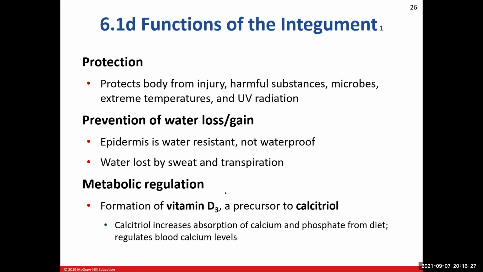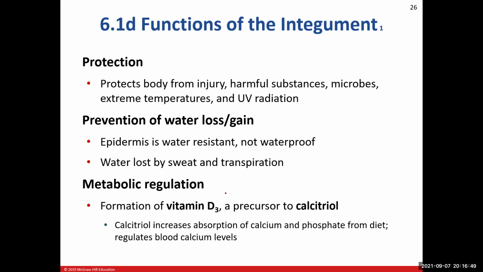The epidermis is an amazing barrier to prevent water loss and gain. You've soaked in a tub before, and when you get out, your fingers and feet might be wrinkly, and that's because that tissue is not waterproof. If it was waterproof, you wouldn't be wrinkly.